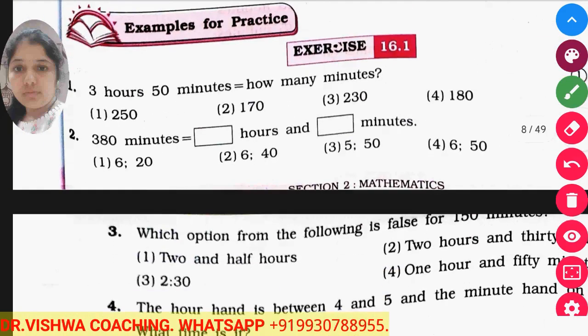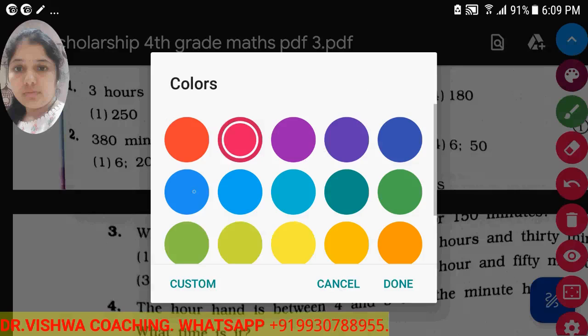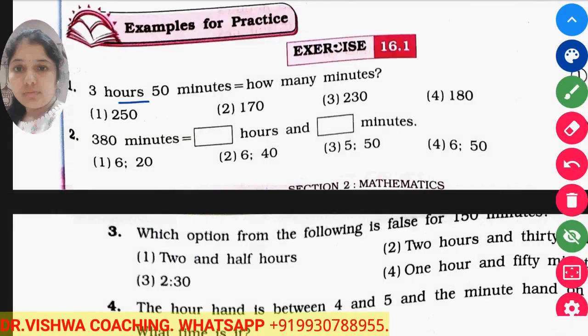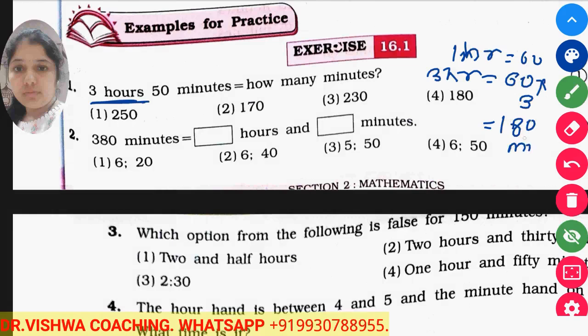Our first question in the practice exercise is 3 hours 50 minutes is equal to how many minutes? Now you all know 1 hour is equal to 60 minutes. So 3 hours is equal to 60 into 3 minutes. So 60 into 3 becomes 180 minutes, and already 50 minutes are also here.